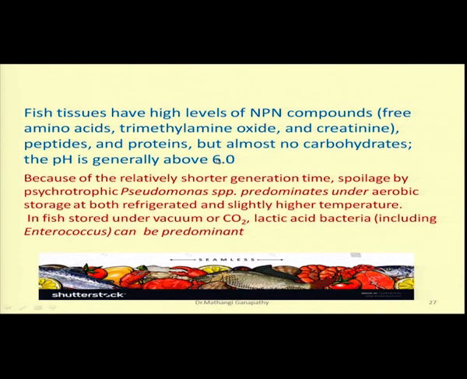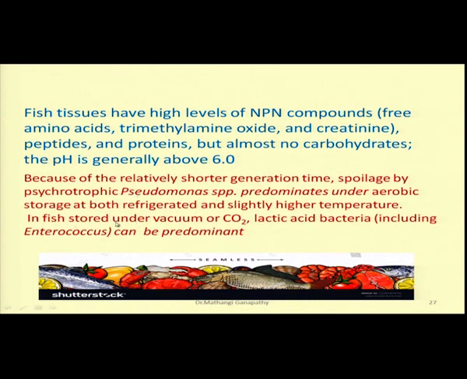The pH is generally 6.0, and because of the relatively shorter generation time, it is the Pseudomonas species which predominate, the psychrotrophs, because you refrigerate your harvest, but the refrigeration temperature, which is less than or equal to 5 degrees, will allow the psychrotrophic Pseudomonas to grow. So, in normal aerobic storage, whether refrigerated or at slightly higher temperature, the spoilage causing organism is going to be Pseudomonas.